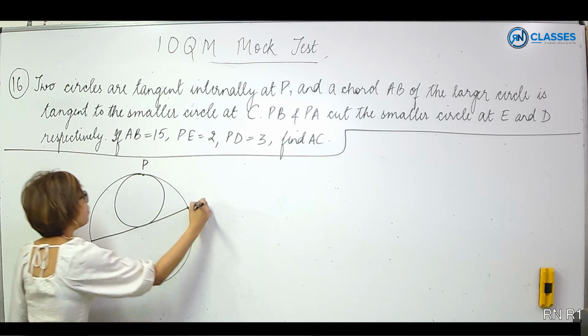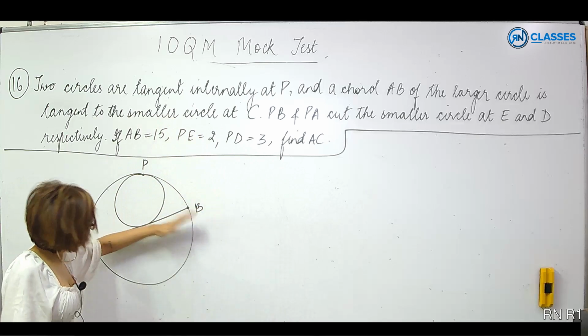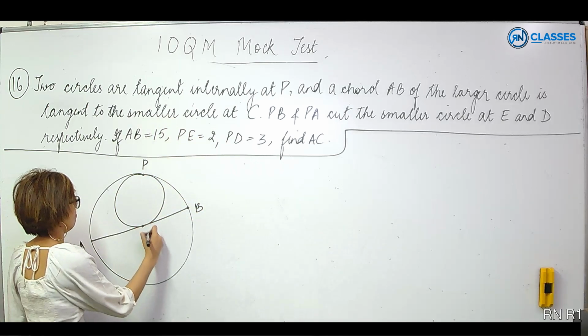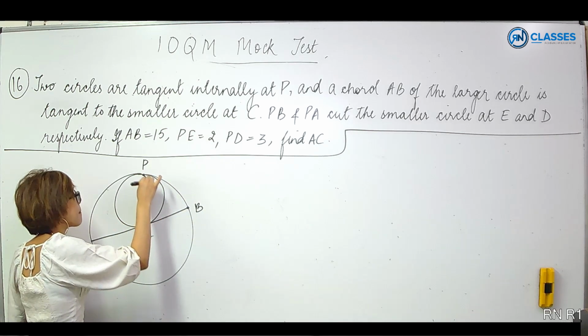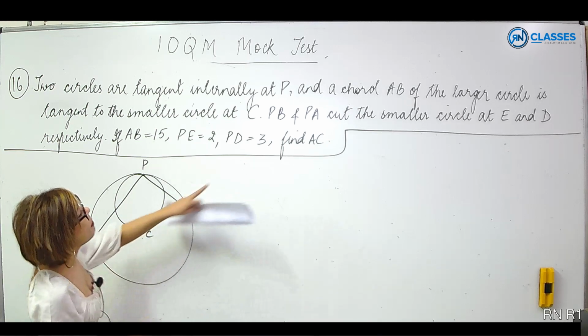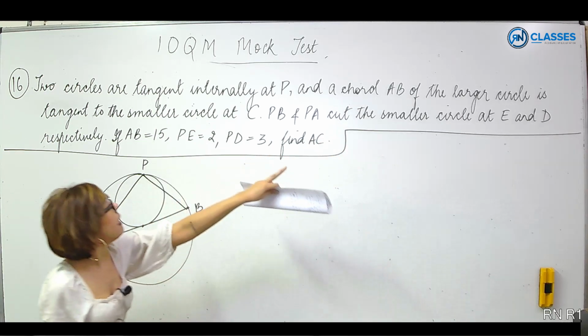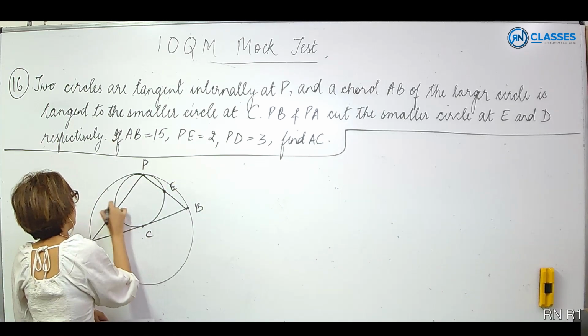We know that chord AB is tangent to the small circle, so obviously tangent at C. He says to join PB and PA. PB and PA cut the smaller circle at E and D. So this is E and this is D.